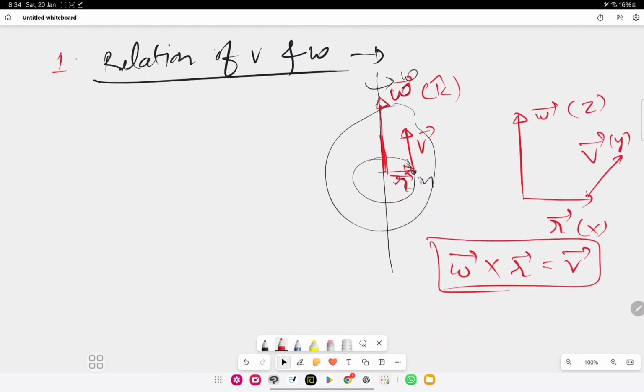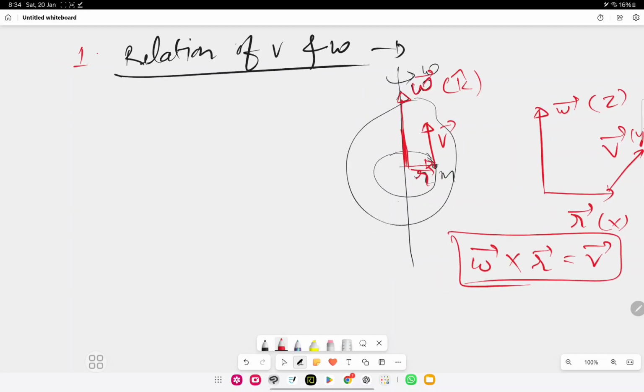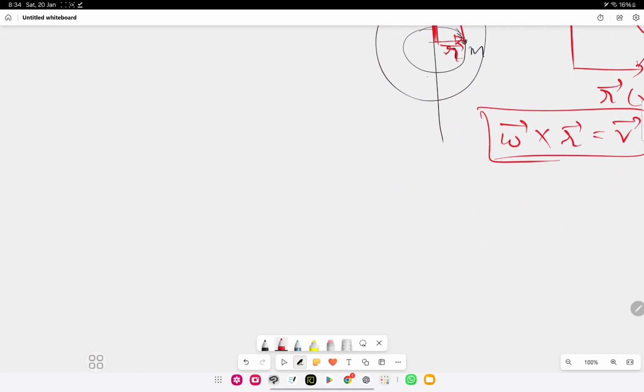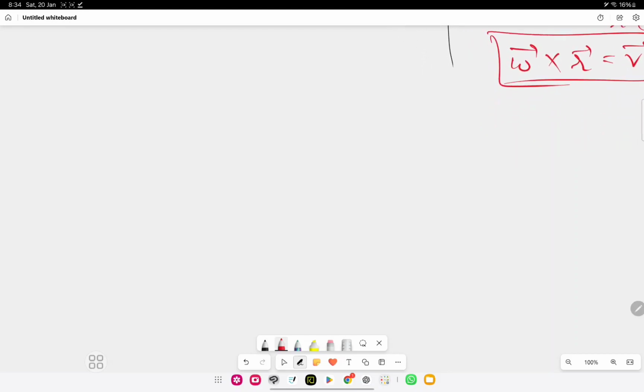Further, this is the relation of the angular velocity and linear velocity. In this chapter we are going to talk about the relations of linear motion and angular motion. If we make the relation of linear motion and angular or rotational motion, what relations do we have?